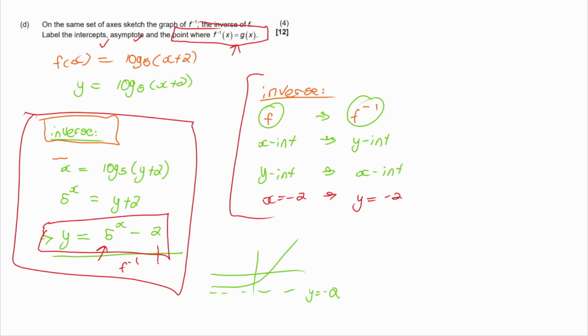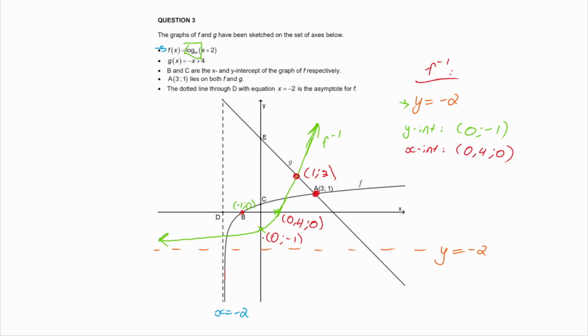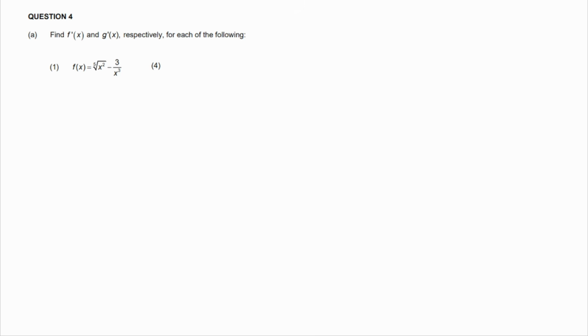If you wanted to work with this and then find the y-intercept by setting this equal to 0, you can feel free to do that, but you'll get the same coordinates that we got over here. All right, so hopefully that was interesting and you learned something there. Let's move over to question 4.